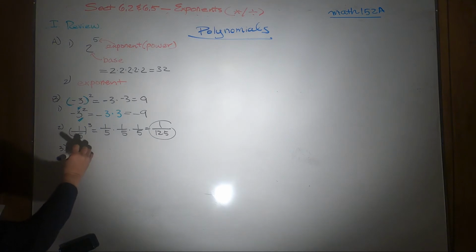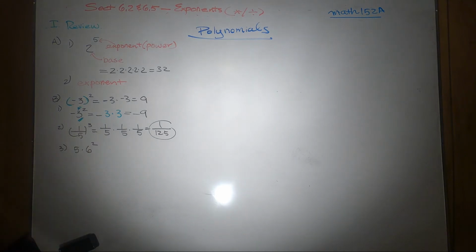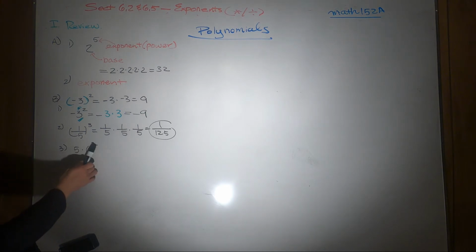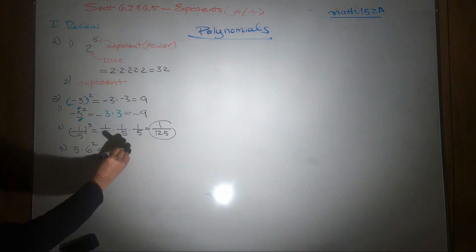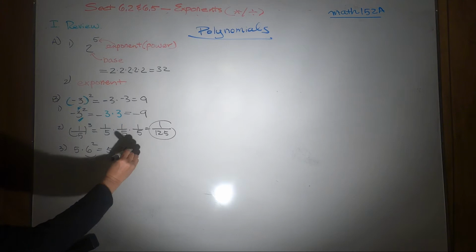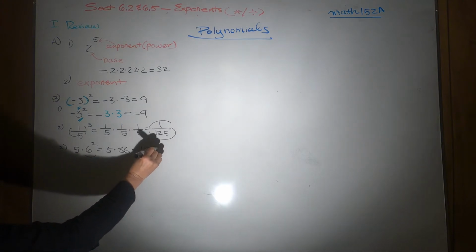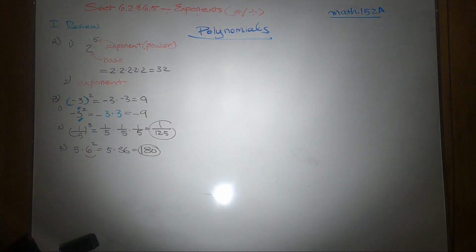If we have 5 times 6 to the second power, what does this second power apply to? Only 6. So that would be 36 first. Then you times 5. That would be 180, right?